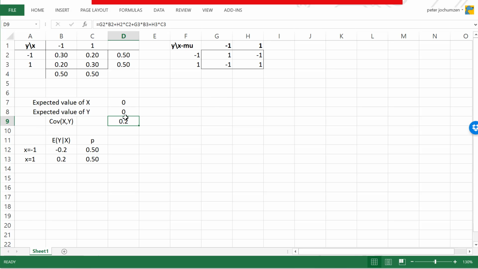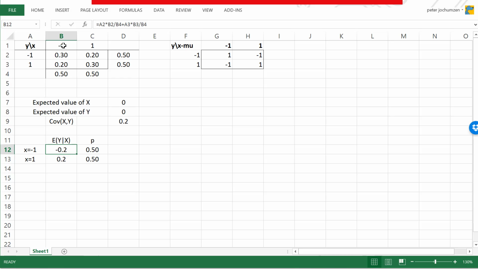First of all, remember, that gave us a positive covariance. And now the expected value of y given x is no longer 0. The expected value of y conditionally on x being minus 1 is now negative. Why? Because of the positive covariance.